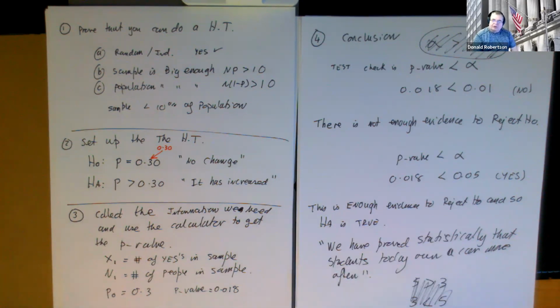Can you see what could happen here if you were an unscrupulous person? Wouldn't you first do the entire hypothesis test, wait until you knew what the p-value was, and then decide which alpha you were going to use so that you could get evidence to prove what you wanted to prove in the first place? You see how sneaky that can be?